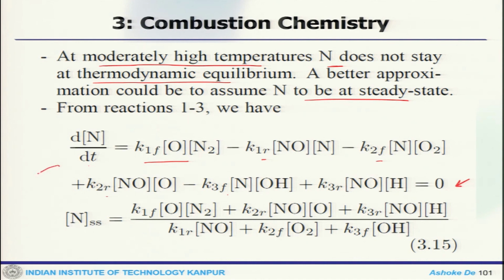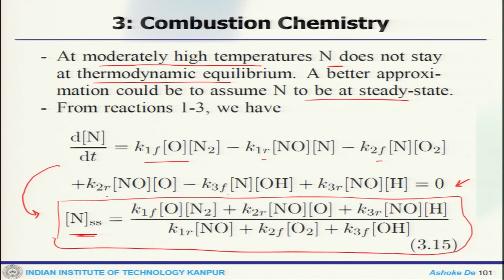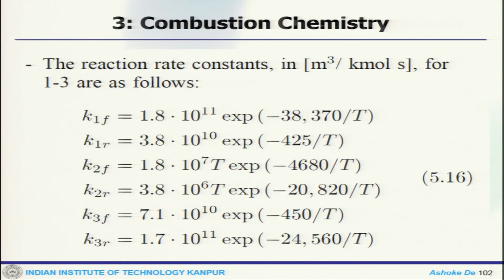Then if you do the algebra, which will be a bit involved, you can find the N at steady state, which will involve all the different species concentrations and reaction rate coefficients. So, then you can find out what N would be at steady state.